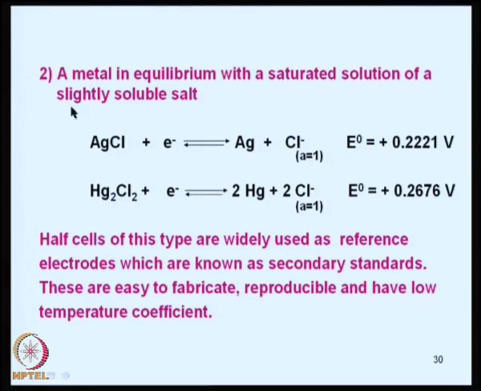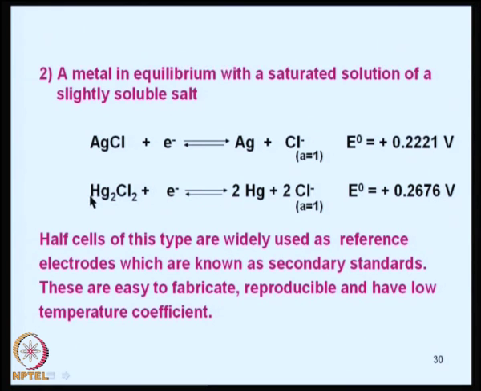In that, if I put a silver electrode, I have a half cell: silver chloride plus electron. The reaction is represented by, it will pick up an electron and go to silver metal and release a chloride ion, and the standard electrode potential is 0.2221 volts.